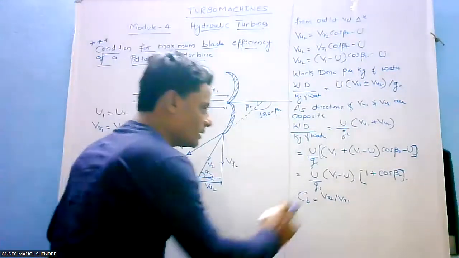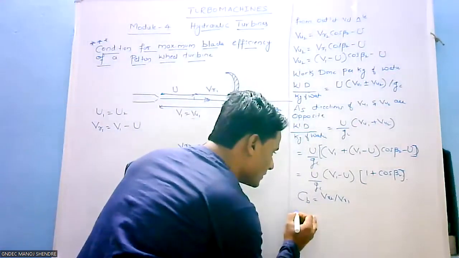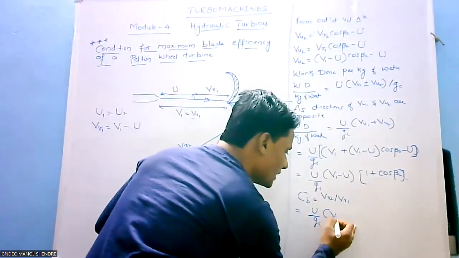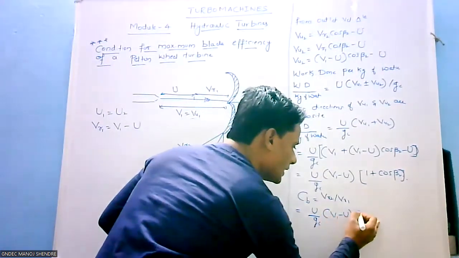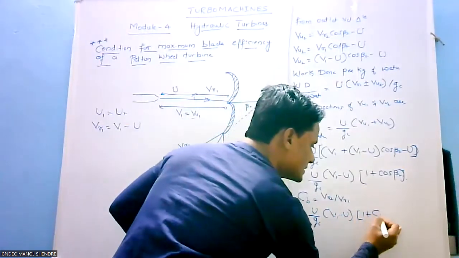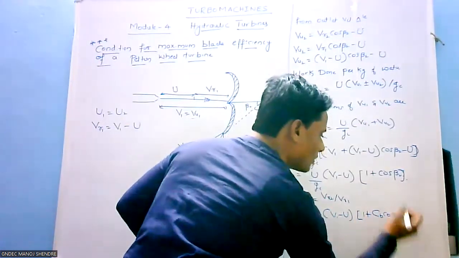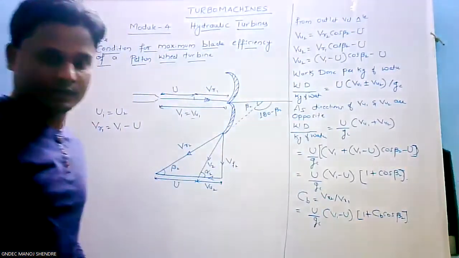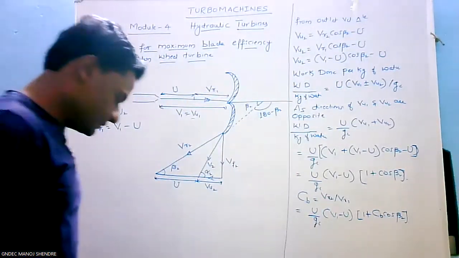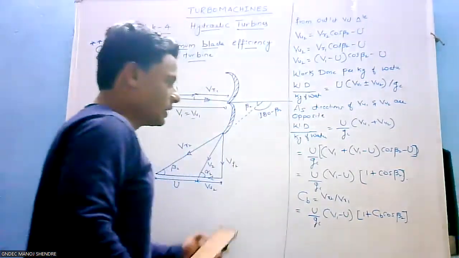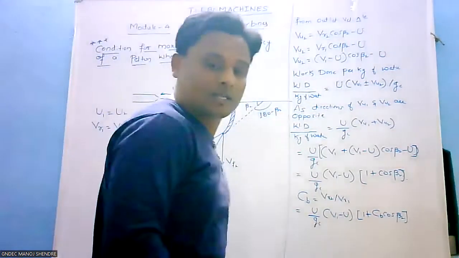So I can write this equation as U by gc into (V1 minus U) into (1 plus CB cos beta 2). Up till here, this is clear, I hope.